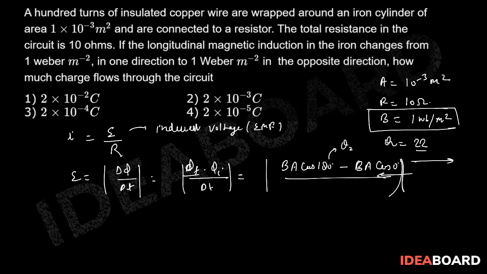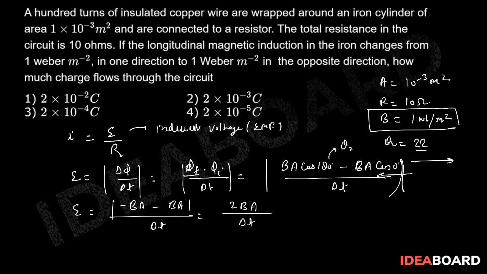Divided by delta t. Perfect. So what do we get with this? E is equal to minus BA divided by delta t itself, so this will come out to be 2BA divided by delta t.